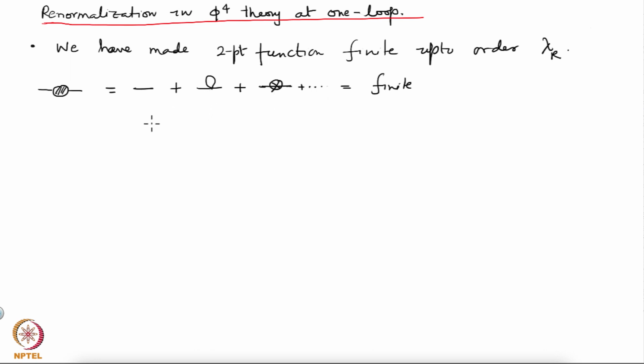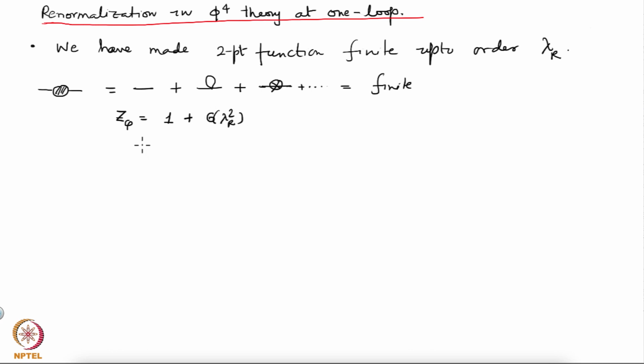We have found that to make this two-point function finite up to order lambda r, the renormalization constants take these values. Z phi was 1 plus the order lambda r term, which turned out to be 0. So it starts at order lambda r squared.